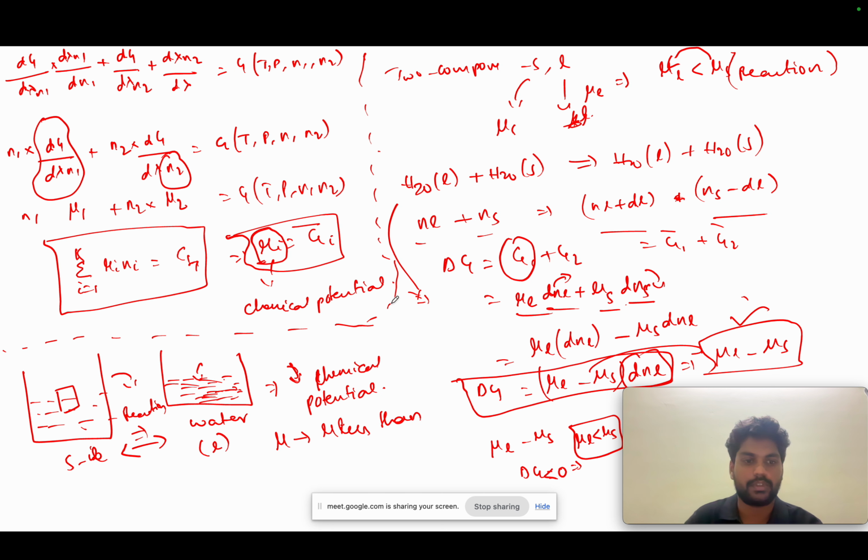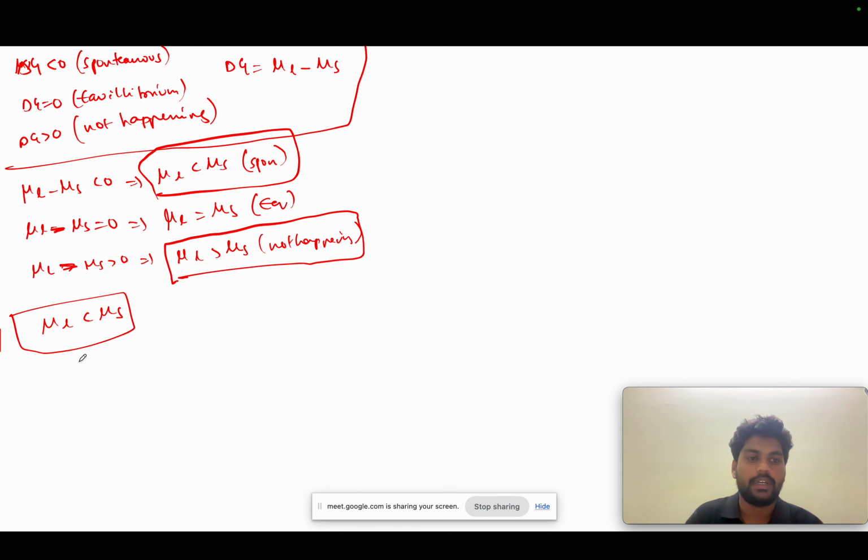So if you take this one, I make a statement: the chemical potential of liquid is less than the chemical potential of solid. That's why the solid molecules get liquefied. Suppose I go to another case, I will go to the PT diagram.